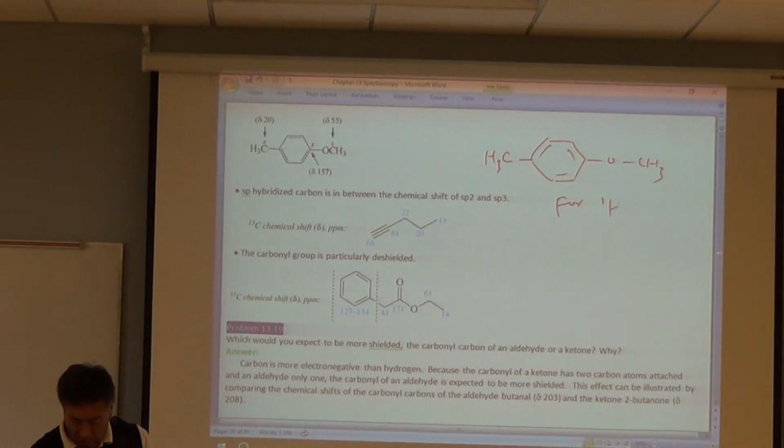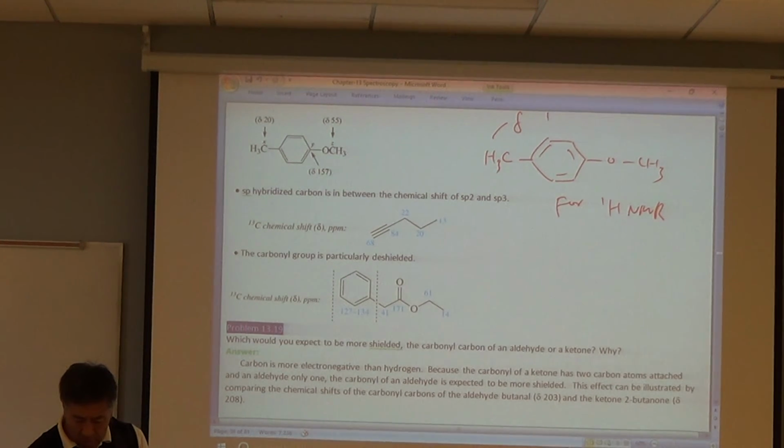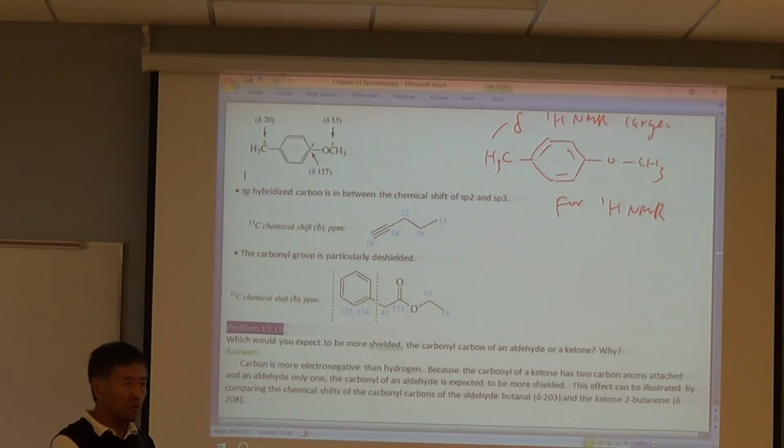For the H1 NMR, when you are predicting the delta, it will be a little different from what we saw here. It will be larger because of the so-called ring magnet. We have the benzene ring magnet.